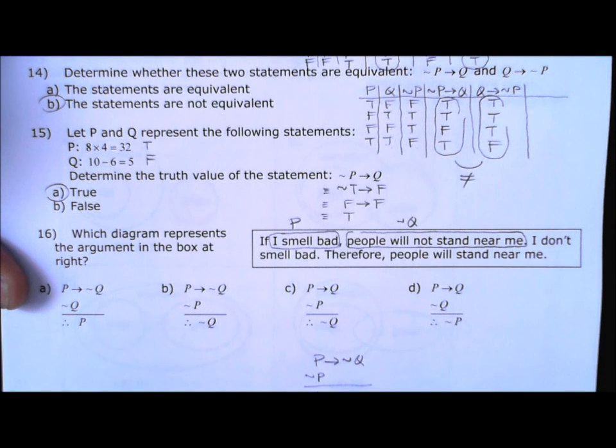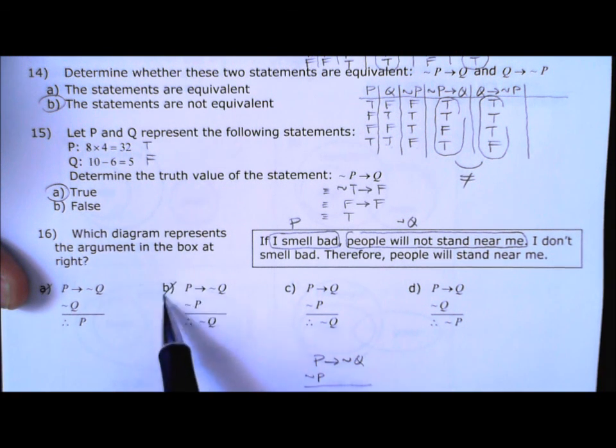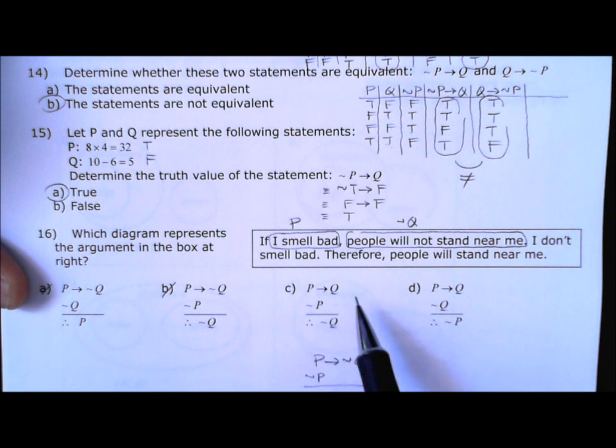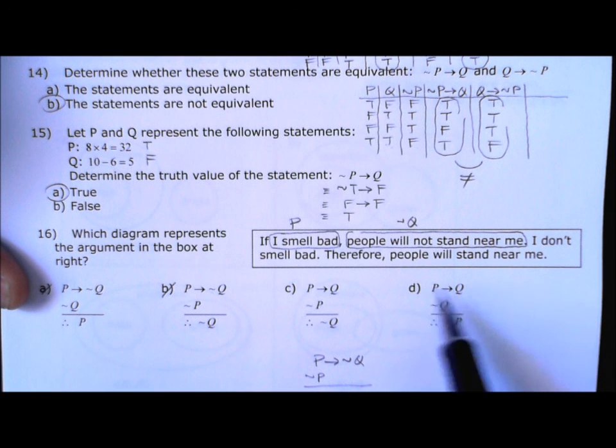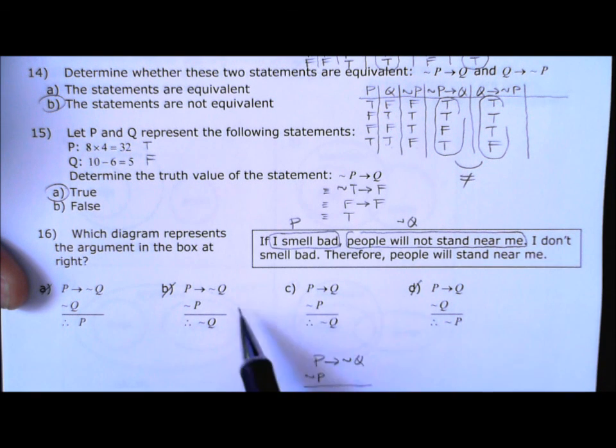And let's check to see if this matches any of them. P arrow, not Q, it doesn't match this one. P arrow, not Q, not P, therefore not Q, doesn't match that one. P arrow, Q, not P, therefore not Q, it doesn't quite match that one. And certainly it doesn't match this one. Okay? You see, the reason why this one is struck out is because we expect that these two should be negations of each other.